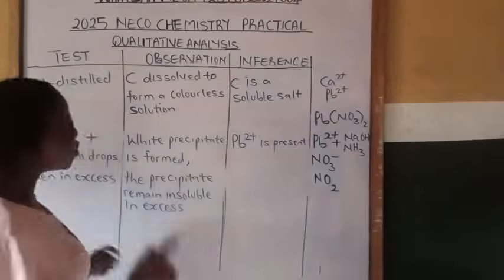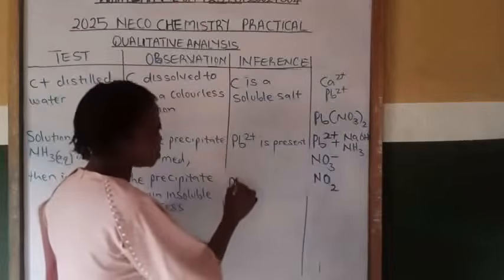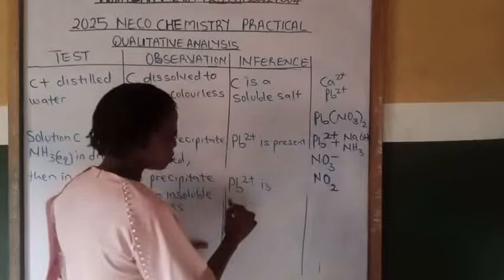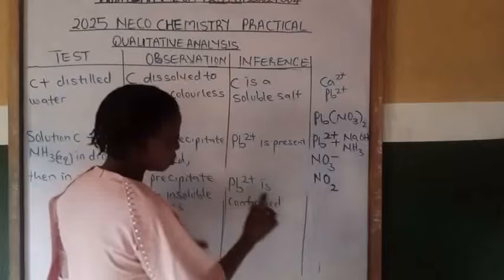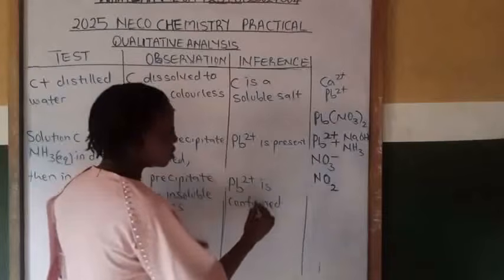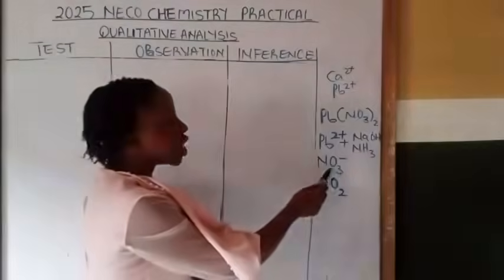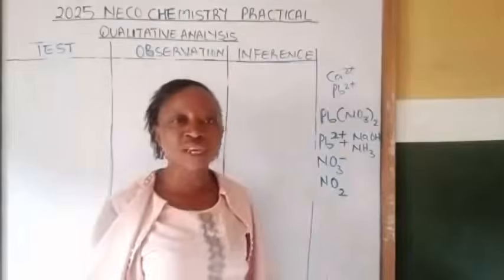So when the precipitate remains insoluble in excess, that is Pb confirmed. Lead ion is confirmed.